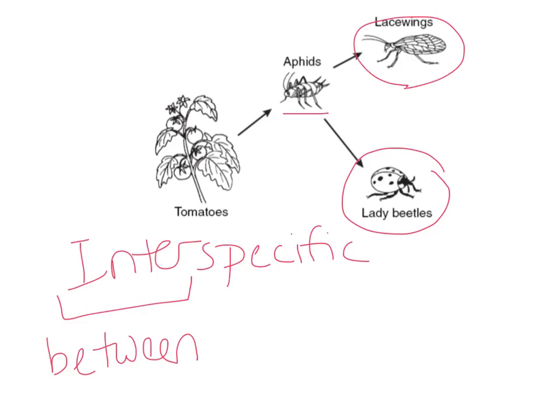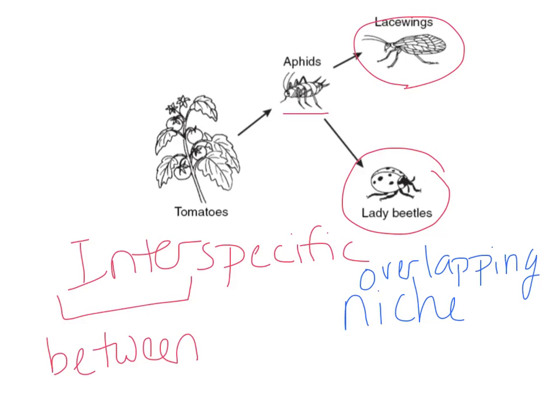And usually you see this kind of competition if there is an overlapping niche. I know some people say niche, some people say niche. Okay, but you know what I'm talking about. So if there's an overlapping niche here, then they're going to end up competing for the same resources.